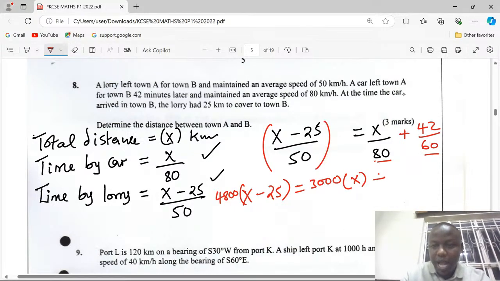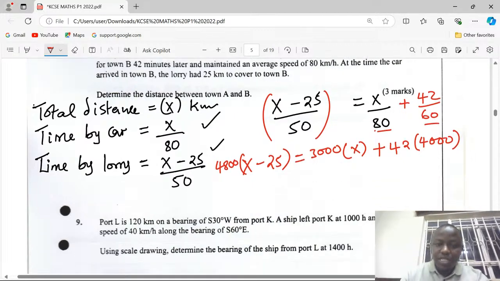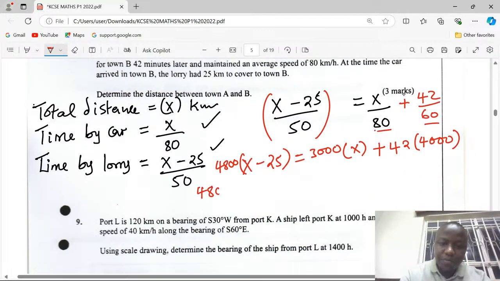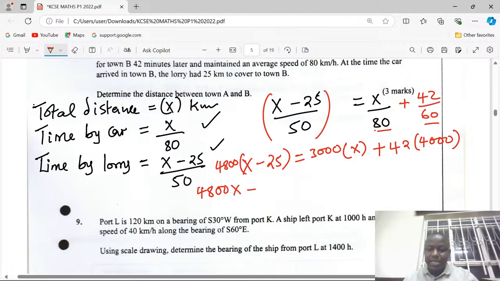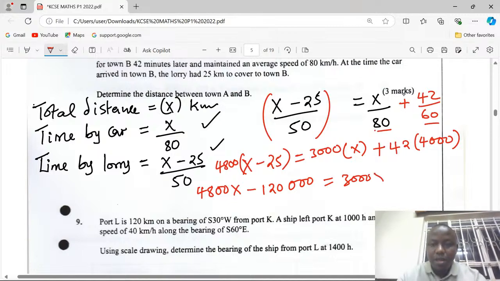x. Then we add 42 multiplied by 60 cancels, and we have 4000. So at this point now we will have 4800x minus 4800 by 25, giving us 120,000 equals 3000x plus 42 by 4k.